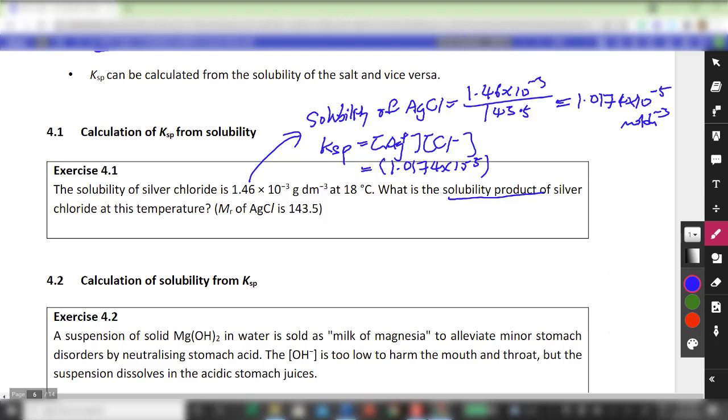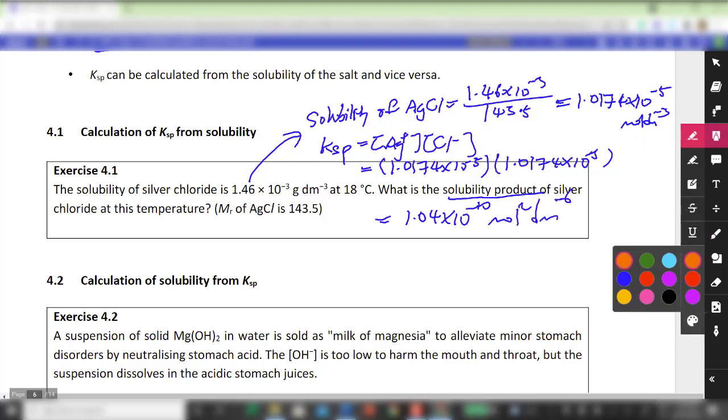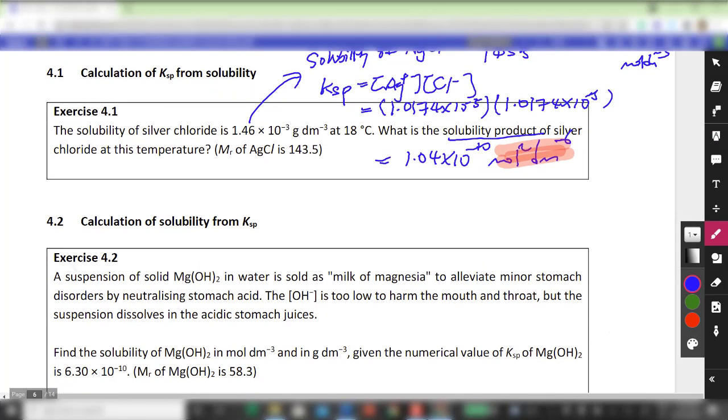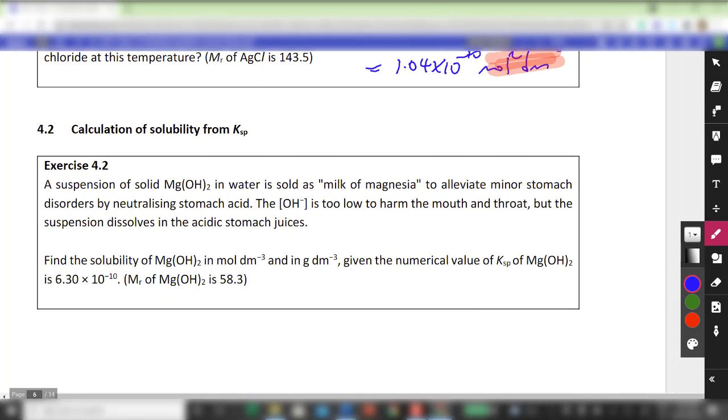Or if you prefer to write everything out, that's fine also. Just write everything out times 10 to the power minus 5, punch your calculator, and you should be able to get 1.04 times 10 to the power minus 10 mole squared dm minus 6. Always remember to write out the units. This is something which your seniors often forget.